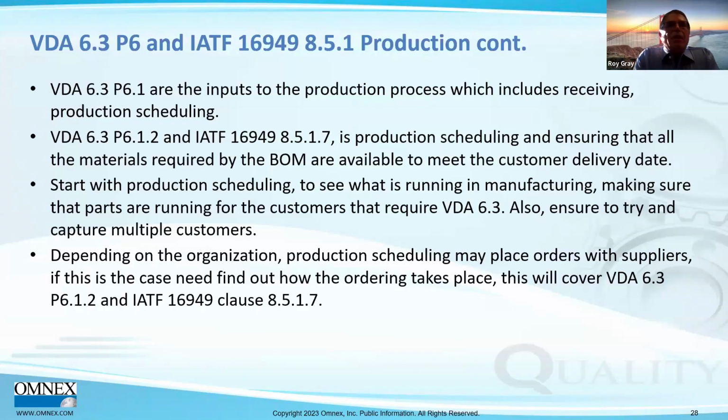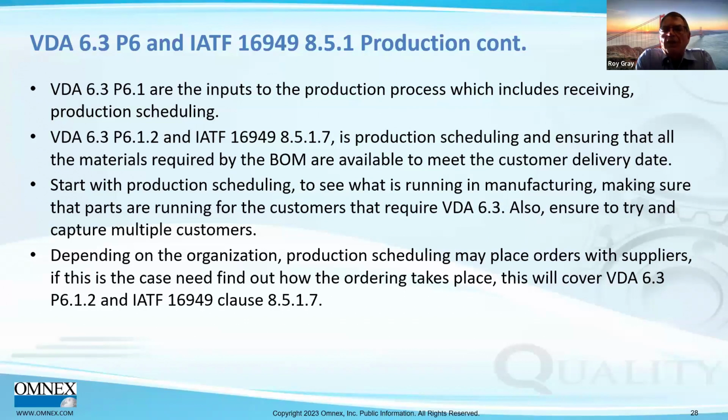So we have to understand the ordering process, not only of our suppliers, but how does manufacturing know what they need to make on a day-to-day basis? So look for a production schedule, what's being made. I always like to start with production scheduling, seeing what's running out there in manufacturing. And then as I go through the manufacturing audit, I can look to make sure parts are there.